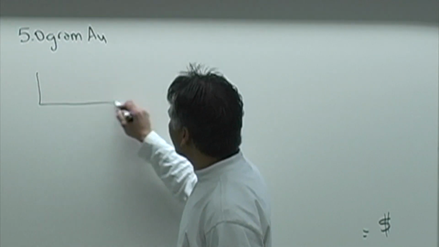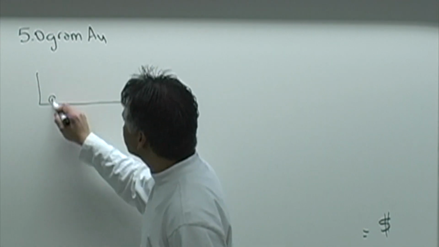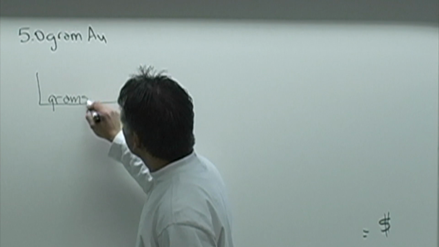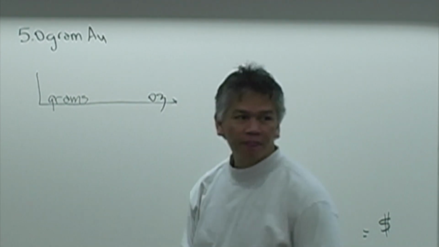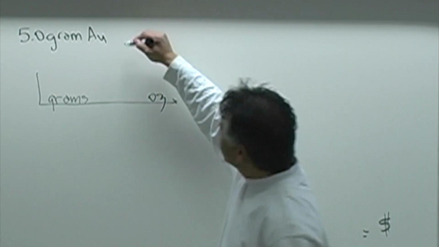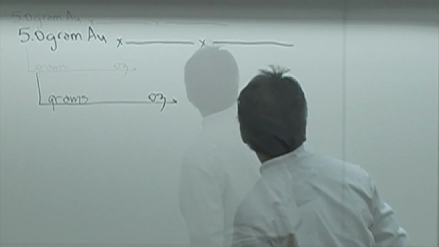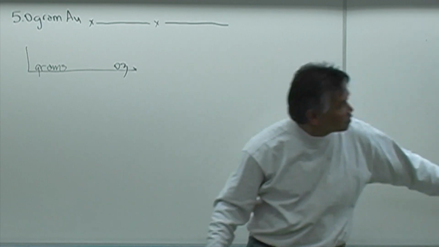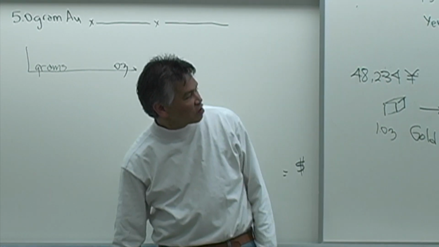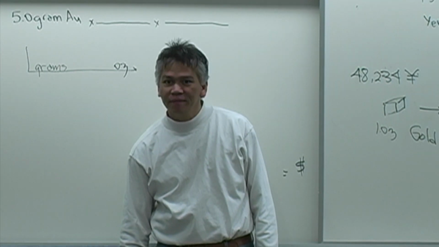So the first series of conversion factors that I'm going to do is convert grams to ounce. How would I do that? What information can I use to do that?